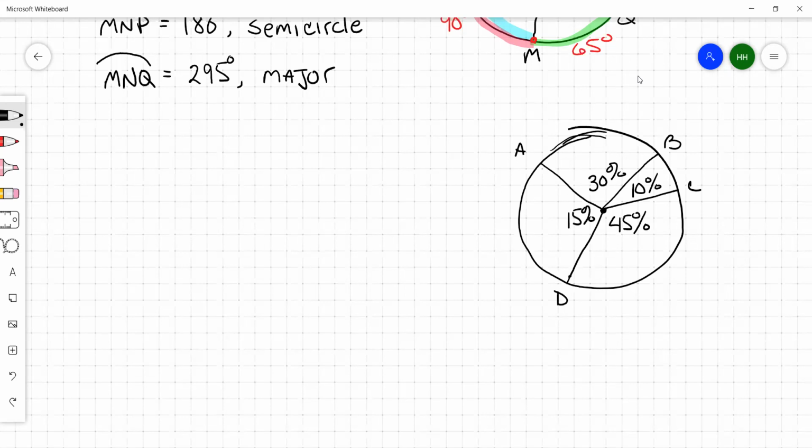All right, so let's say you got your pie graph, and it represents some data, whatever the data is. And now you're asked to find the measure of each arc.